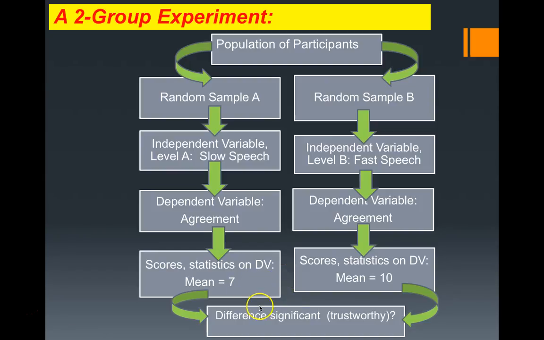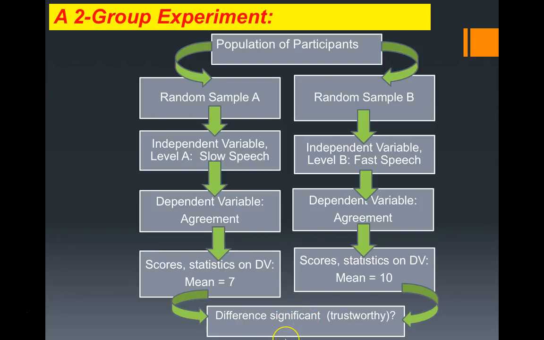And if the test yields a result that p is less than 0.05, then we consider the difference trustworthy, because that's saying that the probability that we could get a difference of this magnitude, 7 versus 10, on a 15-point scale with as many participants as we run, the probability that could just be a fluky chance difference is less than 5%. And if it is, we conclude that we have a trustworthy difference.